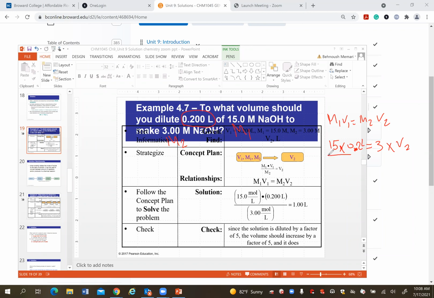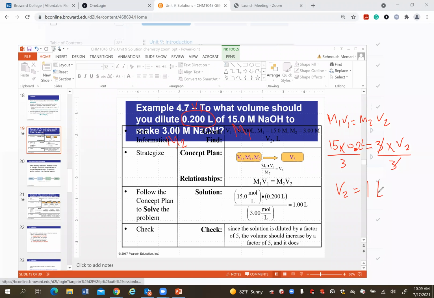So you're going to divide both sides by 3 and calculate V2, but the main thing is to make sure that you label these. You have V1, M1, M2, and you need to find V2. So V2 is going to be 1 liter. So a 5 times dilution is going to go from 0.2 to 1 liter.